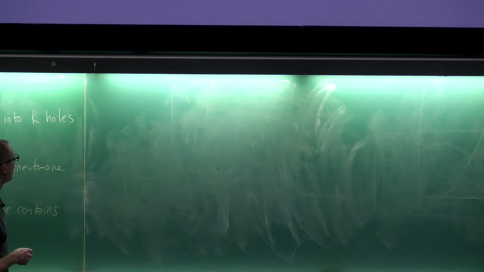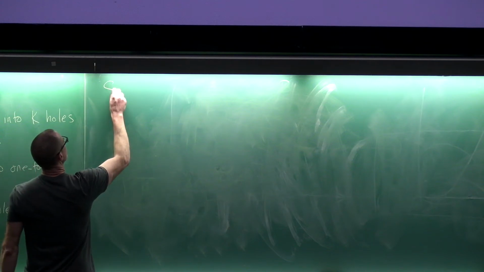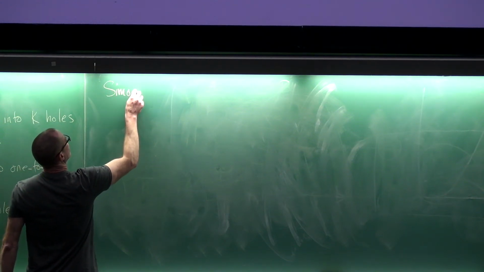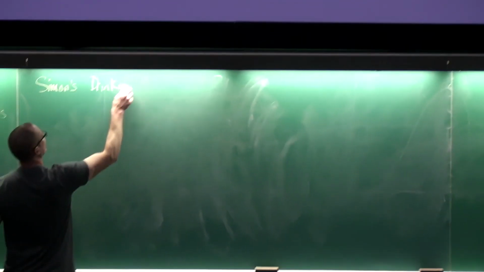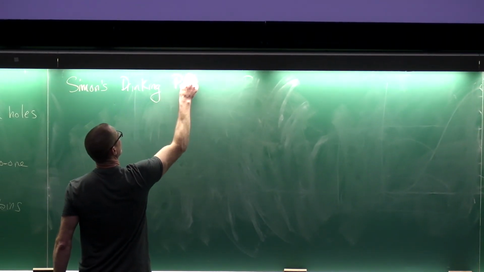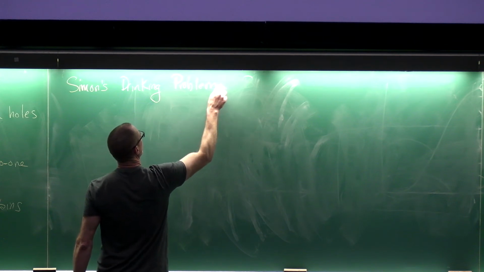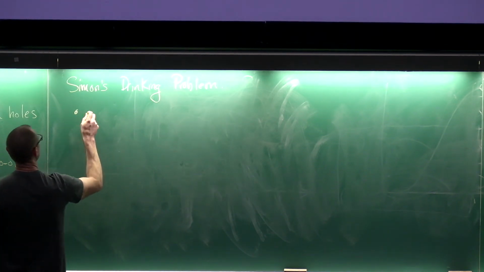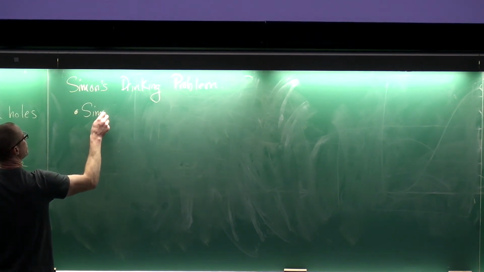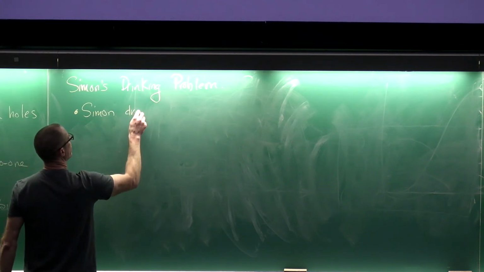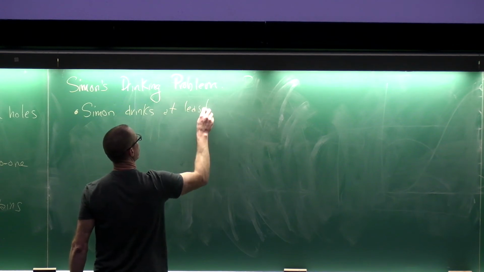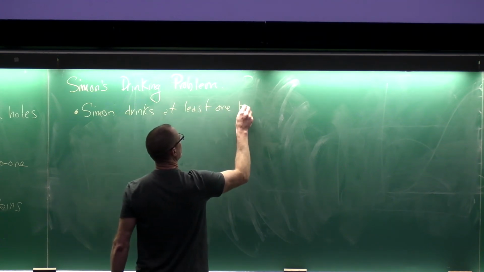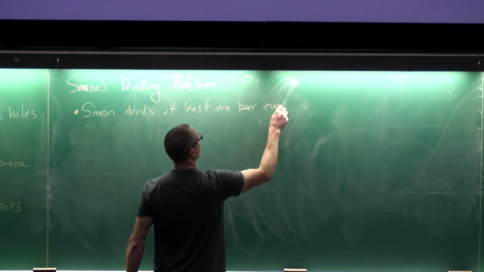Let's start with something a bit more convoluted. So this is called Simon's drinking problem. So here's something that I'm telling you. Simon drinks at least 1 beer every day.